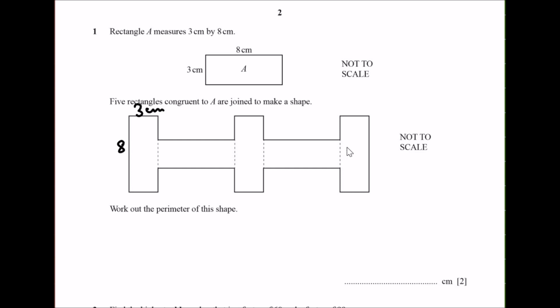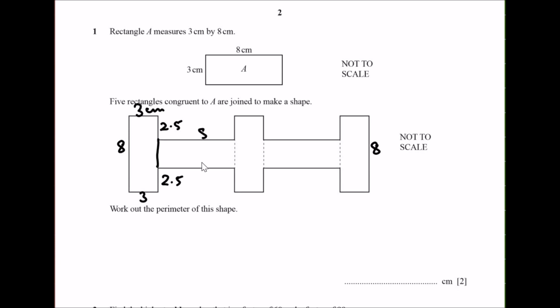This is 8. This is also 8. This also will be 3. Now what about this? This from here to here, this is 3. So out of 5, these other two parts are 5. So 5 divided by 2, that will be 2.5, 2.5, right?